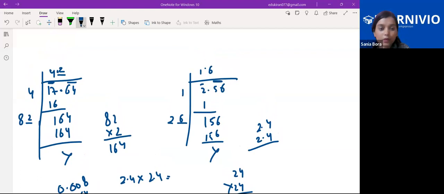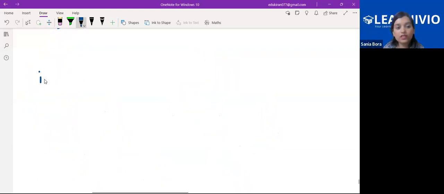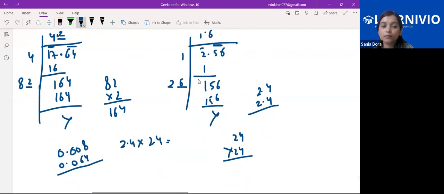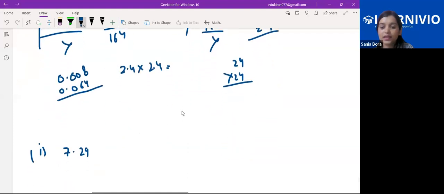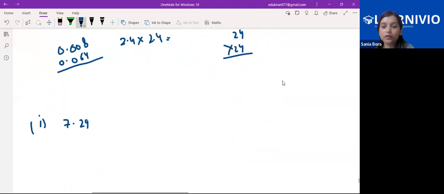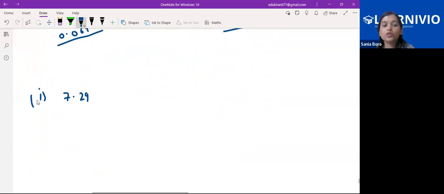Okay, so now everybody will find me the square root of 7.29. Ronnie, Khadija, Gauri, Chakrika, Naisha, everybody got it? The decimal one? Yes, ma'am. Okay, now this one, 7.29. Quickly do it, everybody.